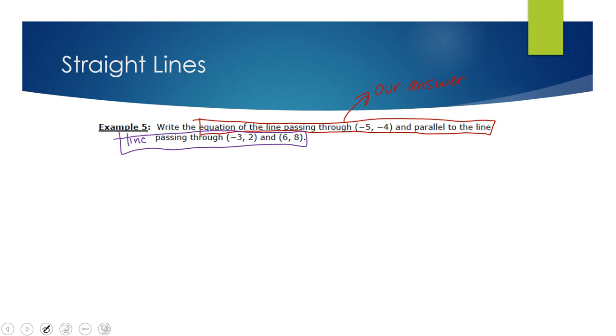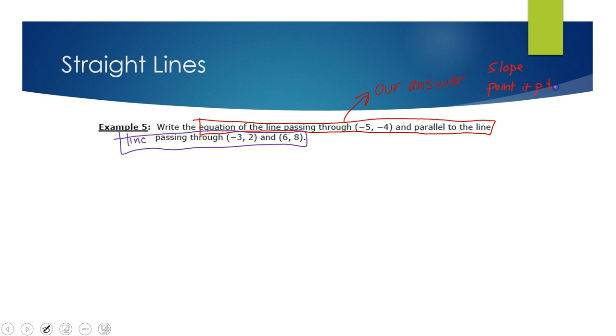But I don't want to start putting coordinates for this line into the coordinates for the line that I'm looking to find. So what I need to know, well, I know for our answer, again, the 2 pieces of information I need is I need the slope and a point it passes through.